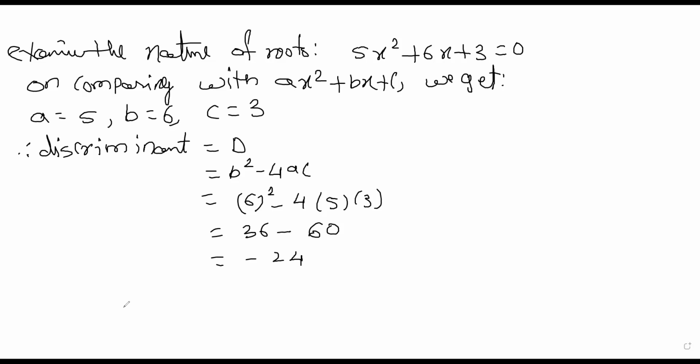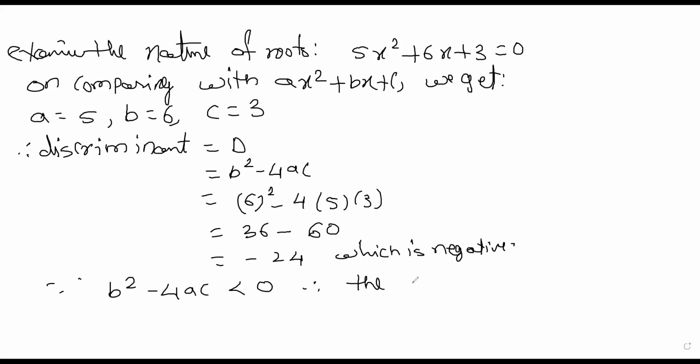Minus 24 काय आला? निगेटिव्ह आला. हा, मग लिहायचं since b square minus 4ac असं लिहायचं, which is negative. Since b square minus 4ac is less than 0, therefore the roots are imaginary. समजलंय का नाही समजलं? समजलं सर. रूट्सच म्हणतात त्याला. अरे रूट्स म्हणजे व्हॅल्यूज ऑफ एक्स.